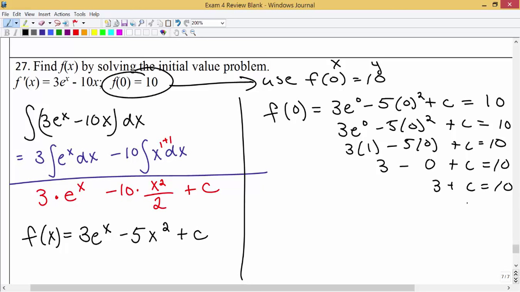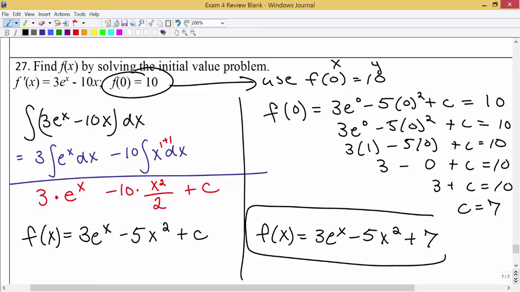When I subtract 3 from both sides, we get c equals 7. So now we know the original function would have to be 3 times e to the x minus 5 times x squared plus c, which we know now is 7. So this is the original function that has the derivative that we were given, and also if a 0 goes in, 10 comes out as output.